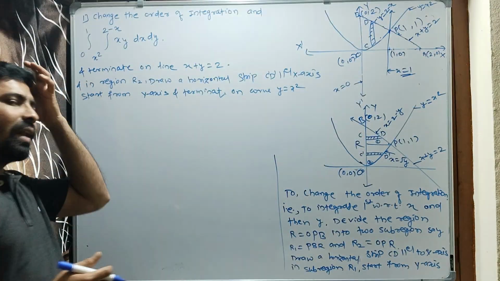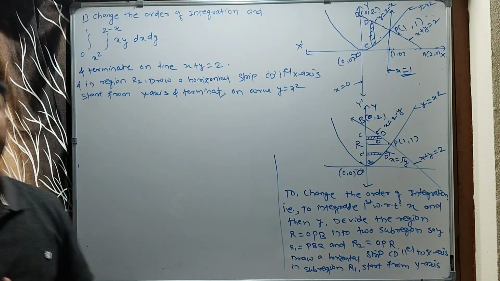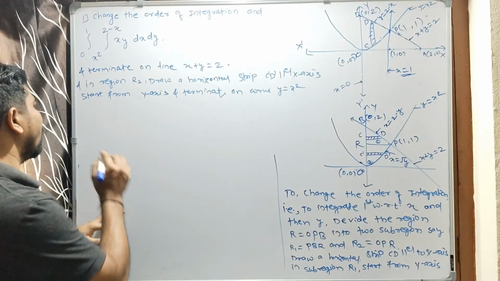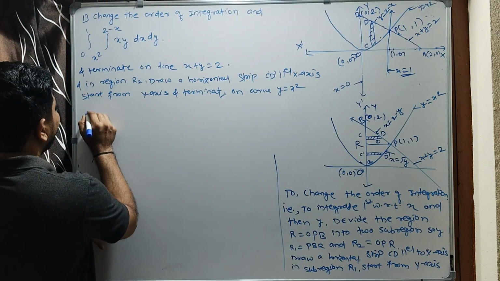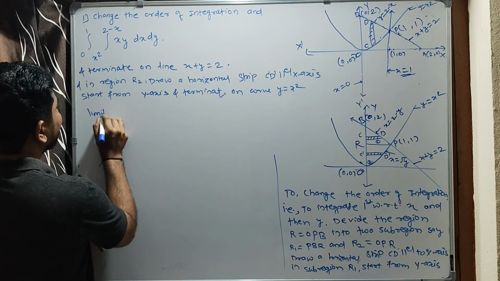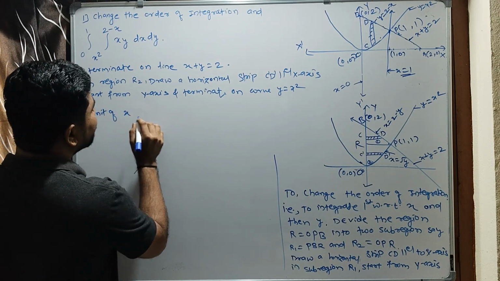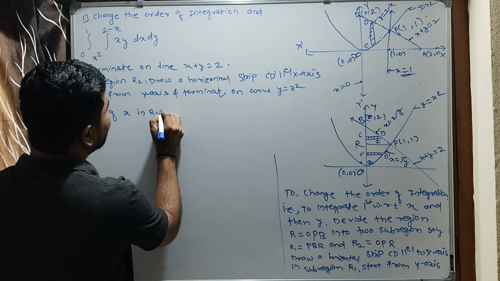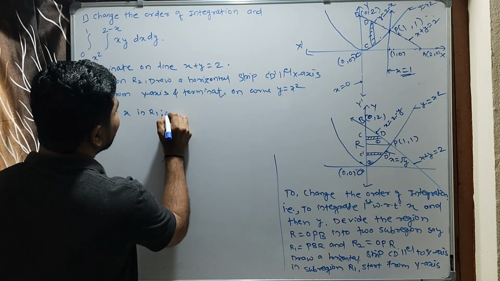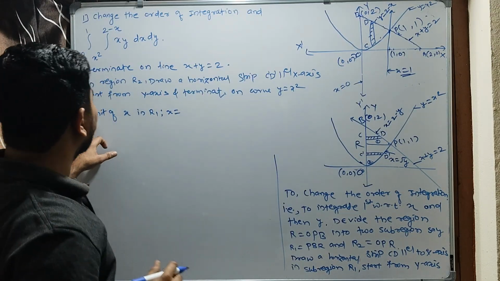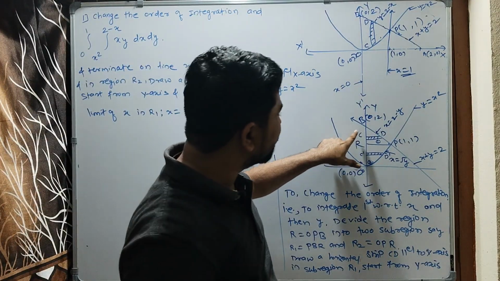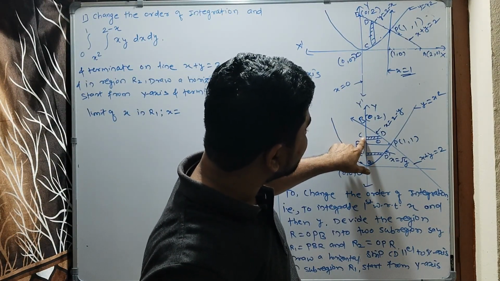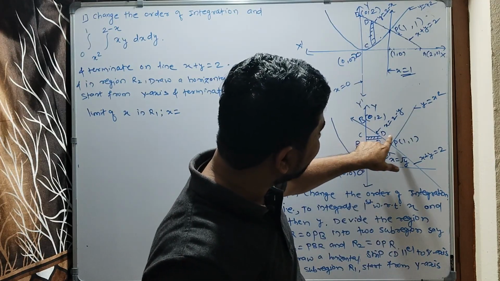Now write the limits of x and limits of y in region R1 and in region R2. Limits of x in region R1: my strip CD starts from the y-axis and terminates on this line.